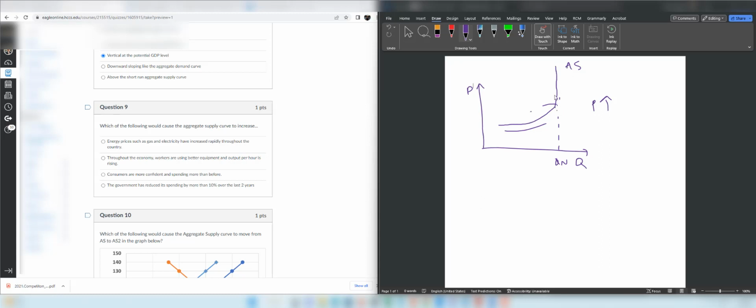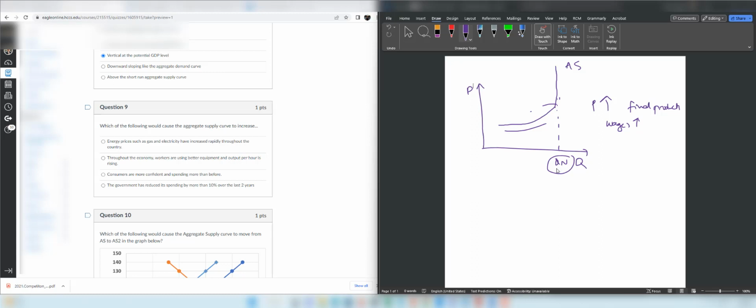In the long run, it's vertical. Why? Because that vertical part represents that prices no longer make a change in the long run. When the prices of final products increase, people will realize that their wage is not enough to buy the same goods and services as before, so they will demand higher wages. When wages start to increase, we see a shrink in profitability, and in the long run, we also reach the capacity of the economy.